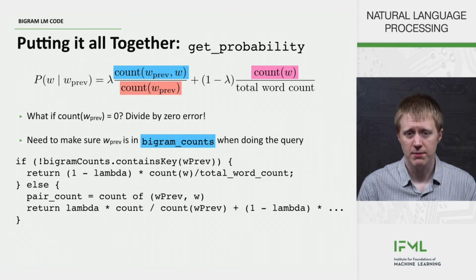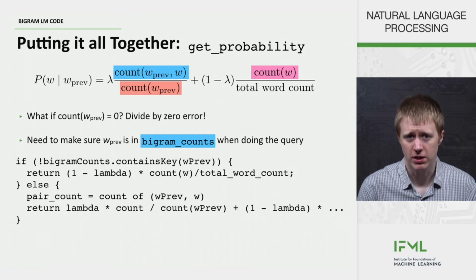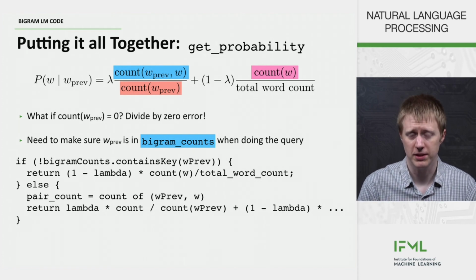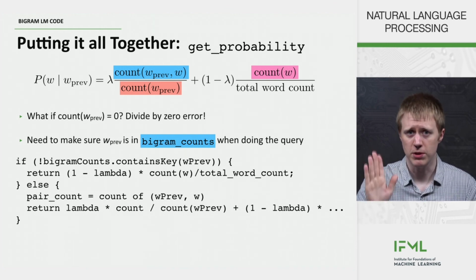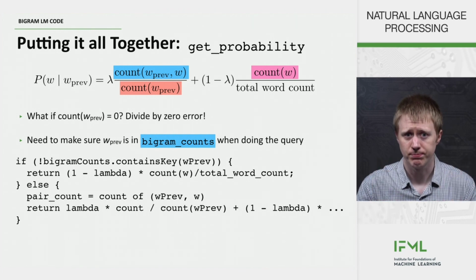I'm going to write a little piece of pseudocode here. It looks a little bit like the code that's there, but it's simplified. If wprev is not in that map, then we only return the second term. We don't worry about the first term at all. Otherwise, we take the counts of both wprev and w as a pair, and we return this whole formula from above.